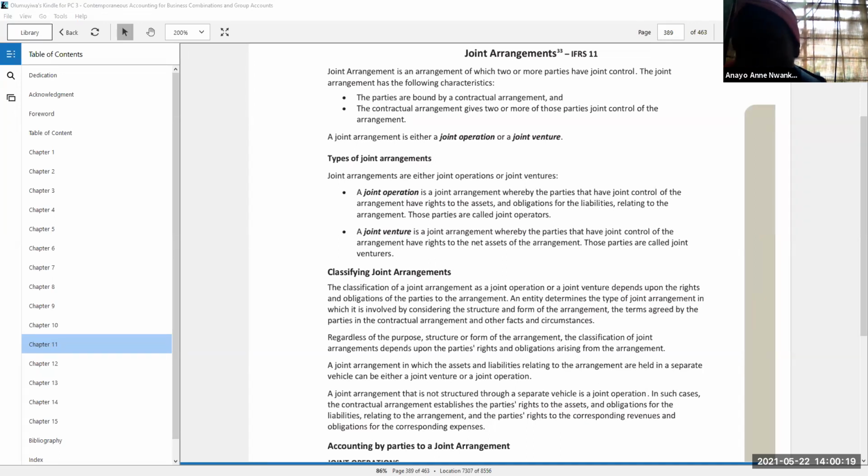In such cases, the contractual arrangement establishes the parties' rights to the assets and obligations for the liabilities relating to the arrangement, and the parties' rights to the corresponding revenues and obligations for the corresponding expenses.